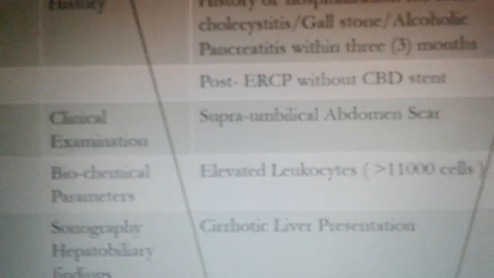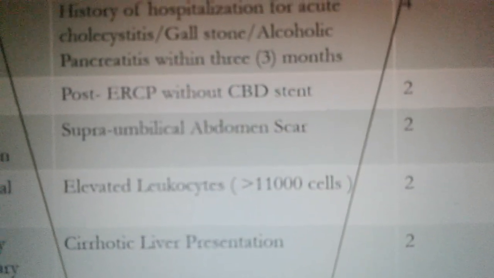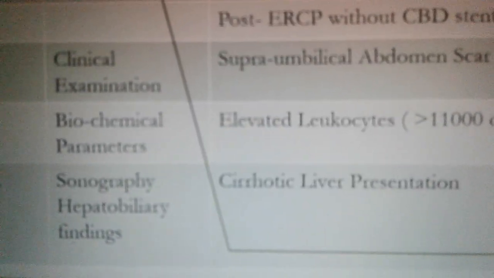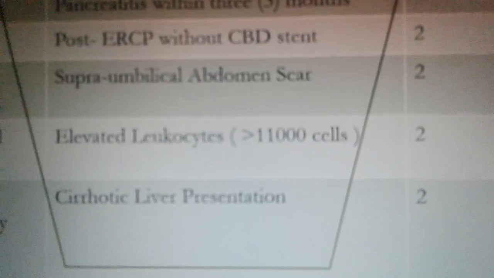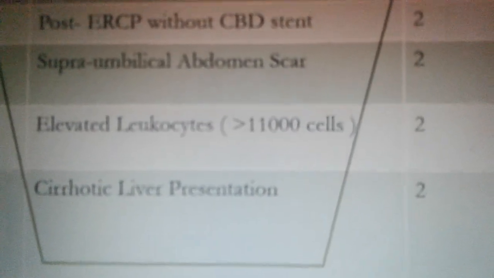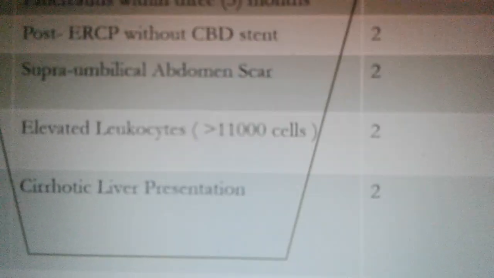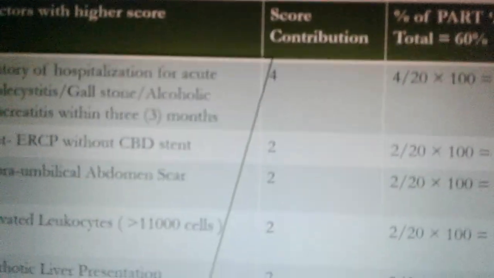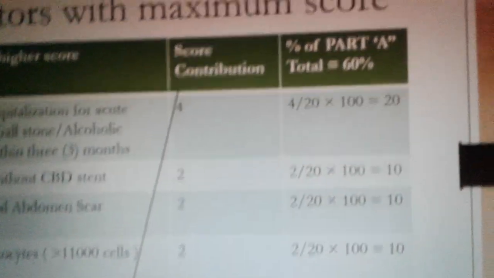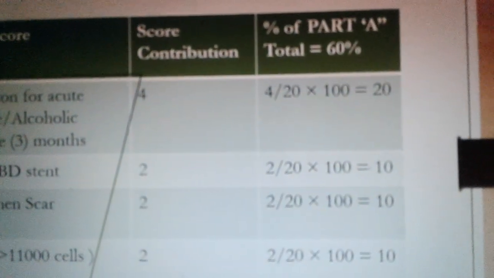In biochemical parameters, if elevated leukocytes more than 11,000 cells are present, score 2. And in sonography hepatobiliary findings, if cirrhotic liver presentation or features of portal hypertension are there, including splenomegaly and other features on ultrasound, again score 2. Adding them up, these 5 important parameters, taken from all the 4 groups, are responsible for 60% of the score of part A.